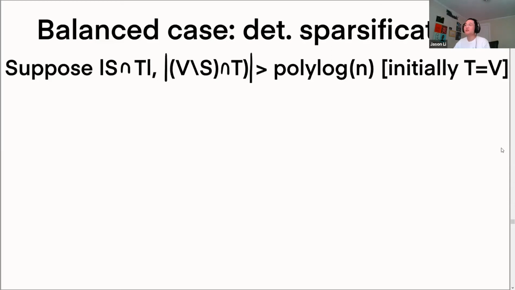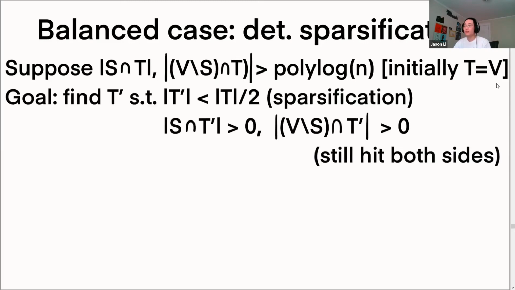So in this case, let's suppose that we are in the balanced case, so that both sides of the min-cut have more than polylog n vertices. And for simplicity for this talk, let's assume that T is just the original vertex set V. Our goal here is to essentially vertex sparsify T. So we're going to find a subset T prime of size at most half of T, such that we still want T prime to hit both sides of the min-cut.